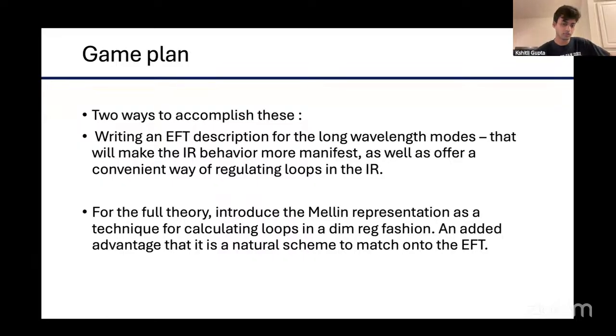And for the full theory, so for modes both inside the horizon and outside the horizon, we will introduce the Mellin representation as another technique for calculating loops in de Sitter in a way that very closely matches dimreg in flat spacetime. An added advantage is that it is a natural scheme to match onto the EFT when doing loop calculations.